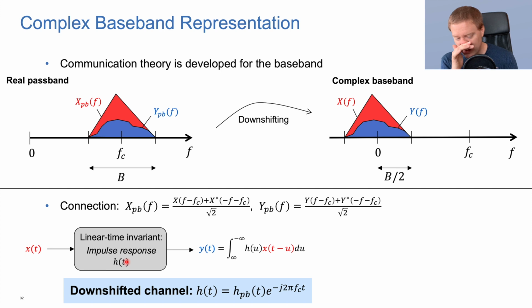And the impulse response that we get will be the same as before, the one we had in passband, but just downshifted to the baseband. So we multiply with e to the power minus j 2 pi fc t, because that is what happens when we are moving something back and forth in the carrier frequency.